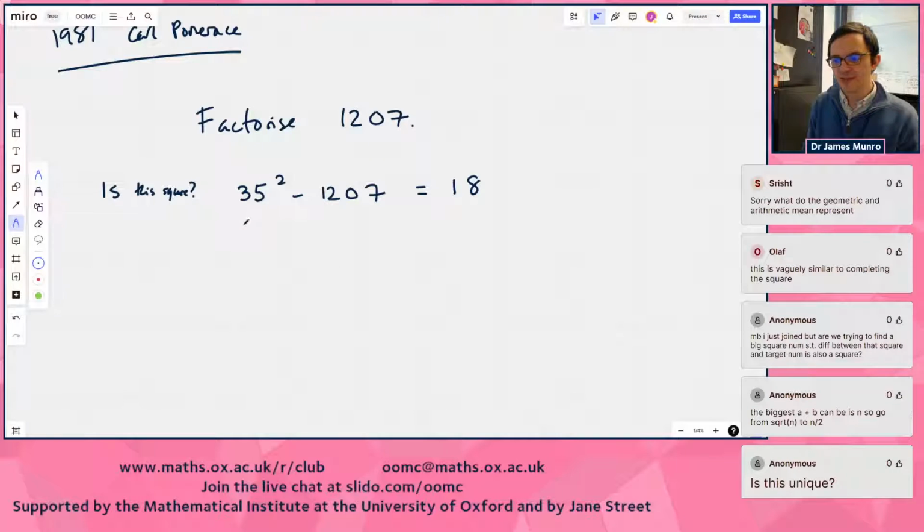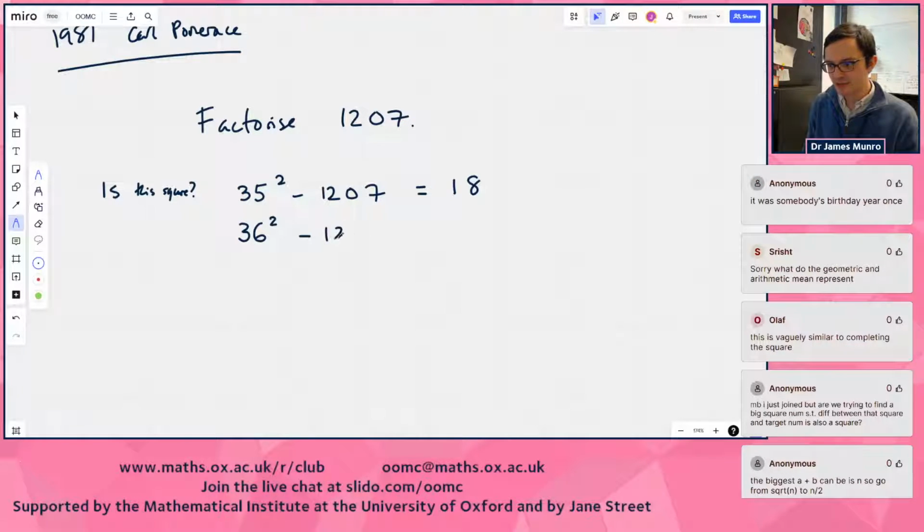And so next, I say, well, maybe I can write it as a 36 squared, take away 1207. Maybe this one will be square. And 36 squared is a little bit harder to work out, but this turns out to be 89. Oh, there's a slight speed up if you're worried about how you calculate these squares and keep working out these numbers in this list.